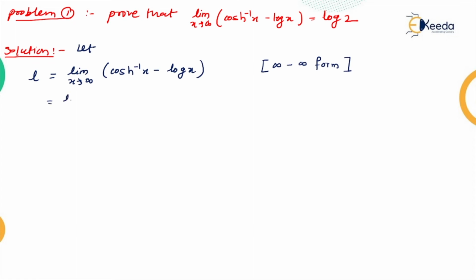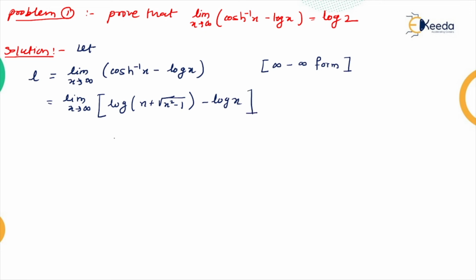This is the limit as x tends to infinity. You know the formula for cos hyperbolic inverse x: instead of cos hyperbolic inverse x we write log of (x plus square root of x squared minus 1), minus log x.